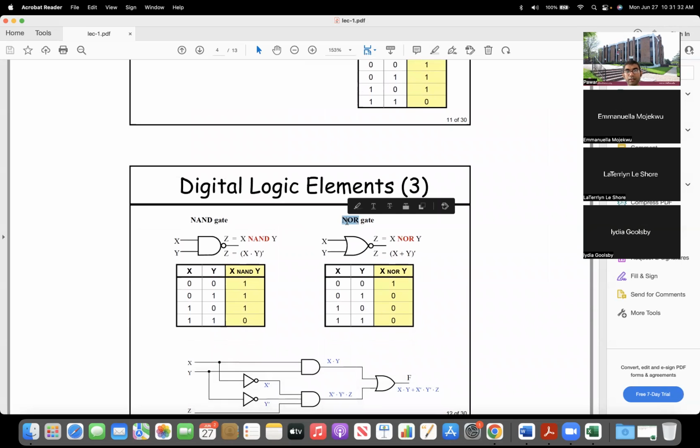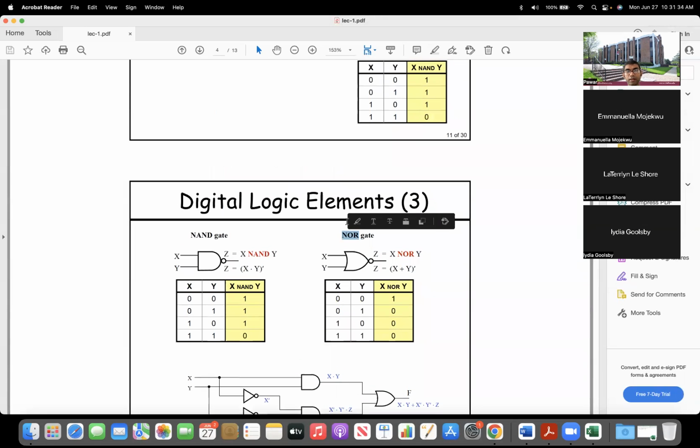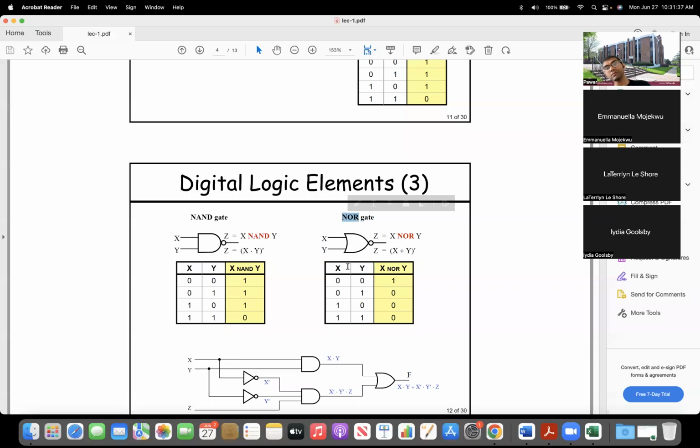You see this NOR gate here. So we looked at the AND gate, the OR gate, the NOT gate, and the NAND gate. The 5th gate is called the NOR gate.